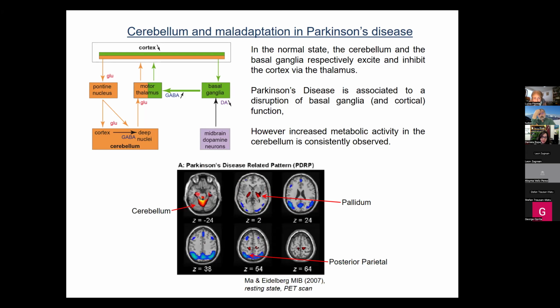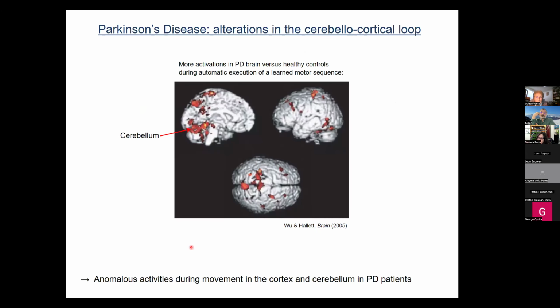However, we see that we have increased metabolic activity here in red in the cerebellum, and this activity is consistently observed. So this is a resting state study, but in the last few years, more and more studies during movement showed changes in the cerebellar activities in Parkinsonian patients.